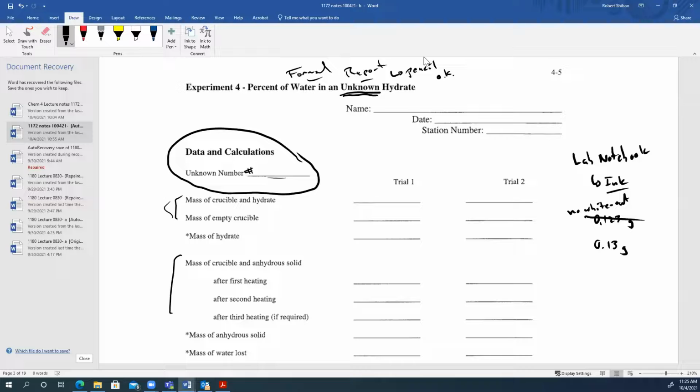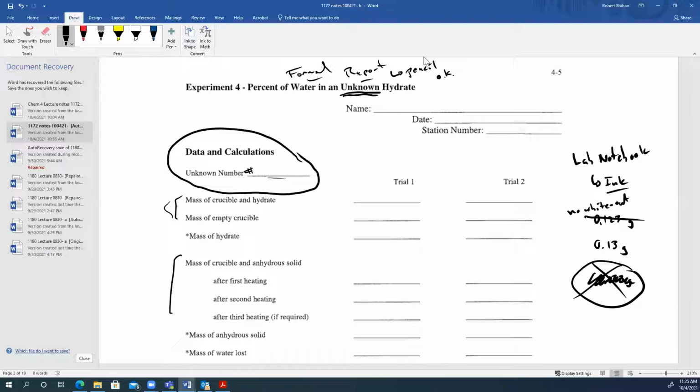So you cross it out with a line like this. And don't do this. Let's say this was wrong, 0.123 grams. Don't scribble it out like this, because it should be legible what's underneath. So just a simple mistake, we can correct it like this.